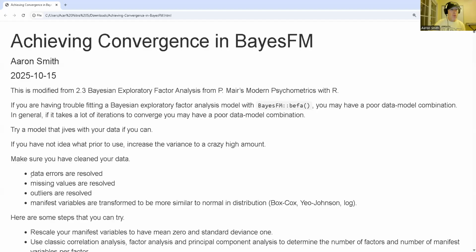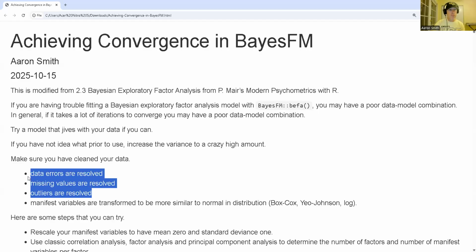Now, when it comes to data errors, missing values, and outliers, we might be omitting values. Also, I might want to impute and fill something in. So let's say that I see a value and I know that that one entry is absolutely wrong.